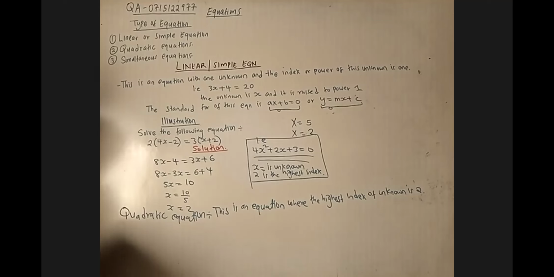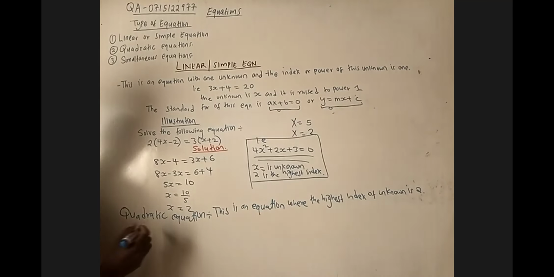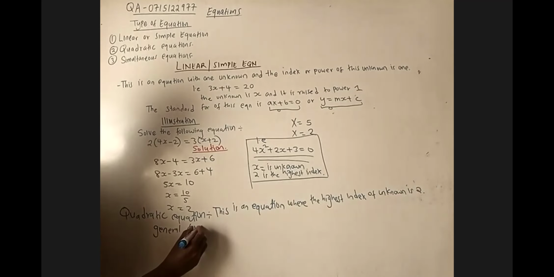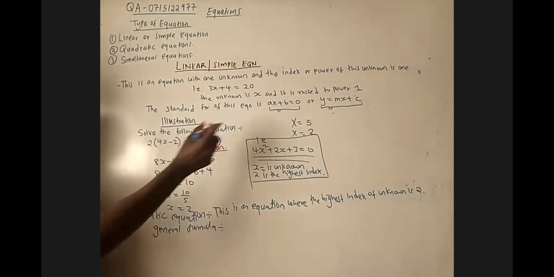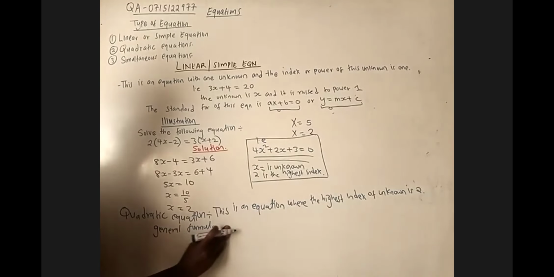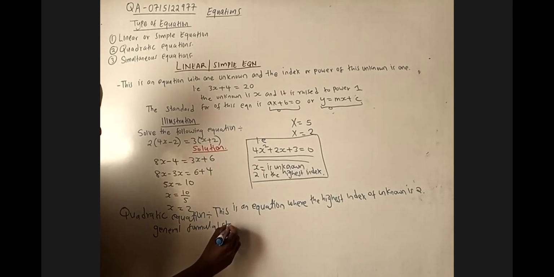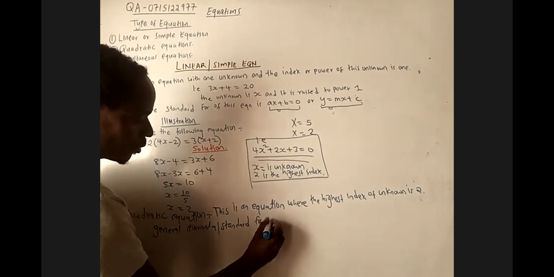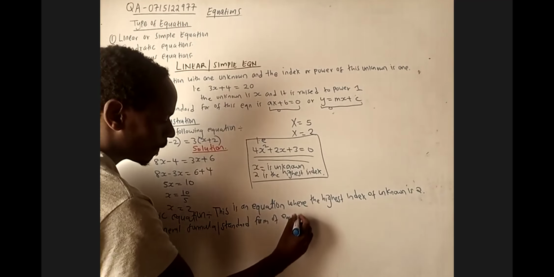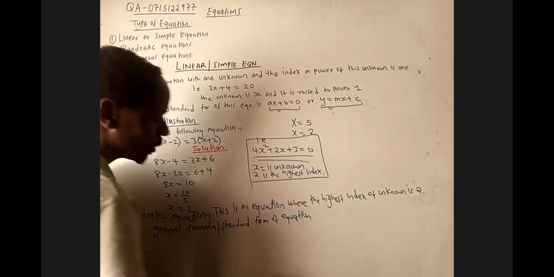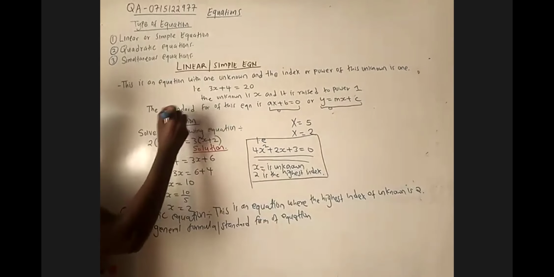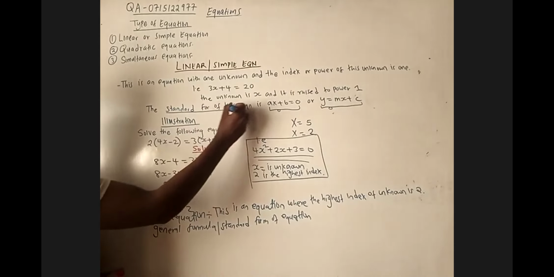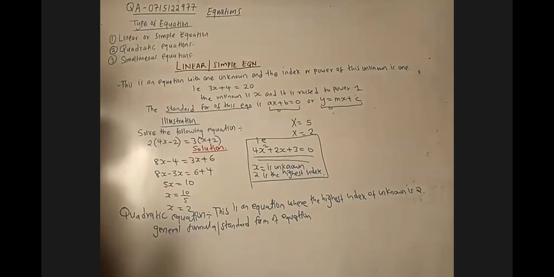General formula. You can call it the general formula or the standard form of the equation. The standard form of the linear equation is ax plus b is equal to 0.